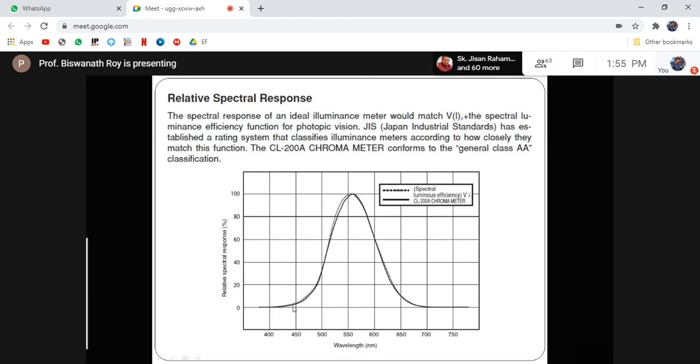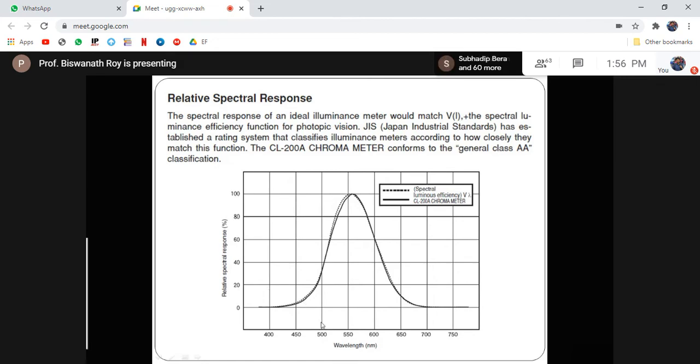So the solid line is the plot of the response of the sensor in the CL200A chromometer, and the dotted line is V lambda. Here it is not I, it is V lambda. So V lambda is the response of our cone vision, known as photopic vision.